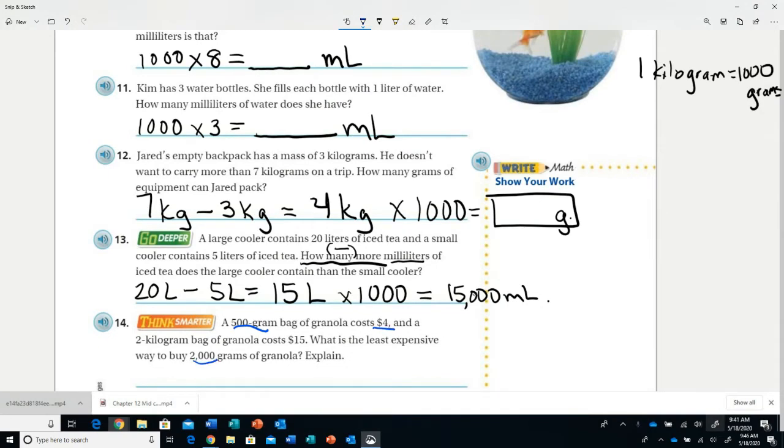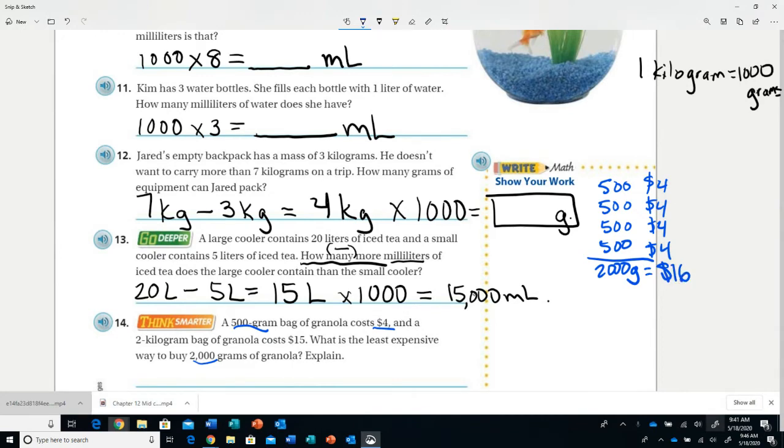I need 2,000 grams, so every time I have 500, it's going to cost me $4. So this is 1,000, 1,500, 2,000 grams. So for 2,000 grams, every time I have 500, it costs me $4. So here, buying it by the smaller bag is going to cost $16.